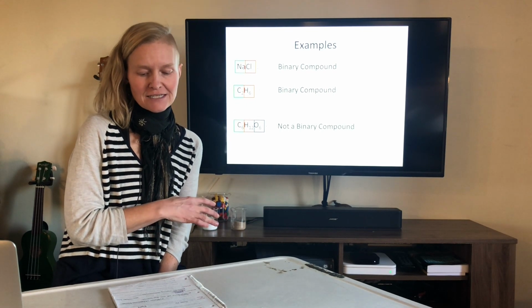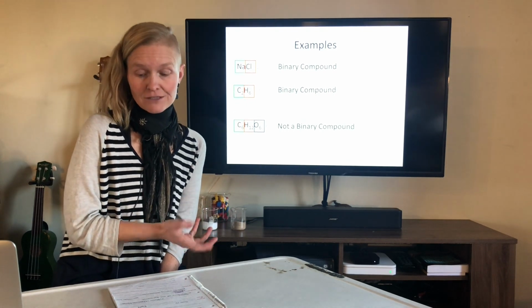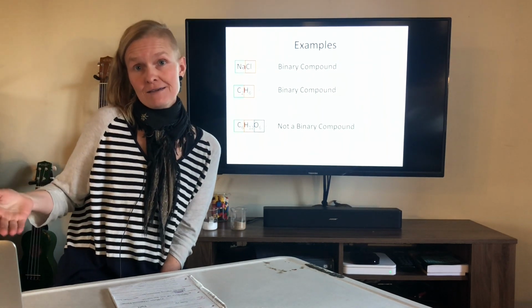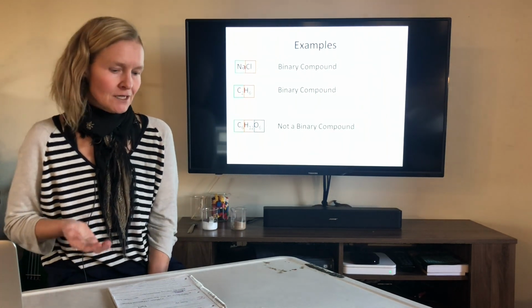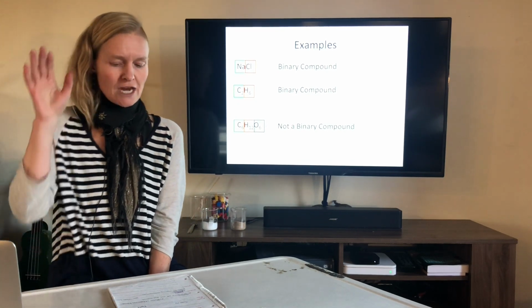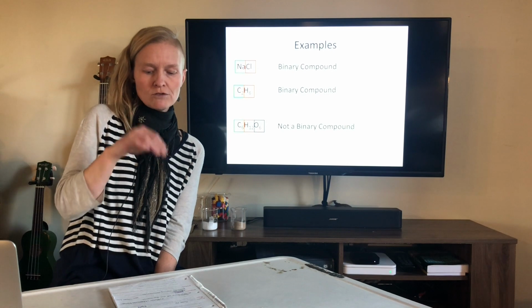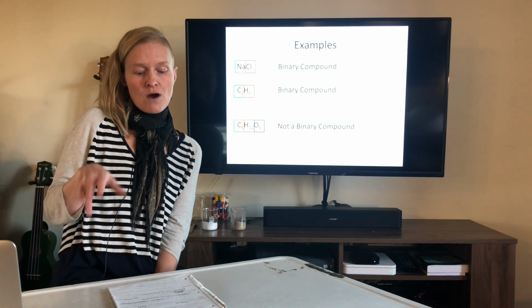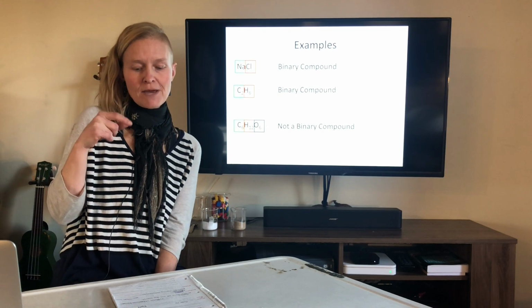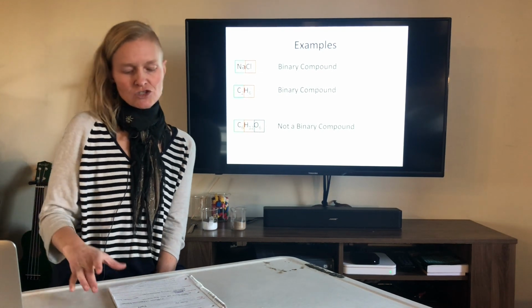And you add a suffix, "ide," to the second name, which is why we have sodium chloride instead of sodium chlorine. So we started with the metal and then we added the non-metal and we changed the ending. So sodium chloride, and we have K3N, which is potassium nitride, and so on.